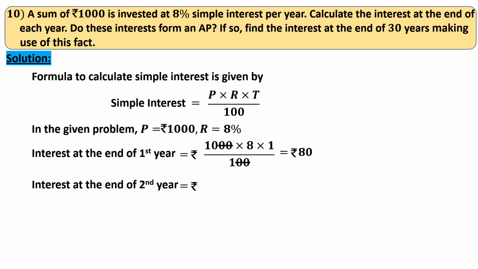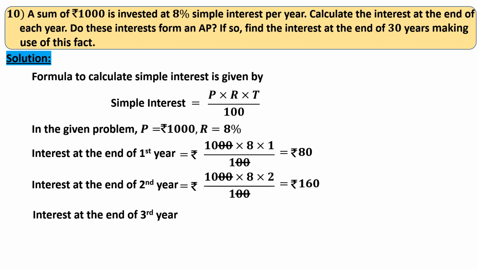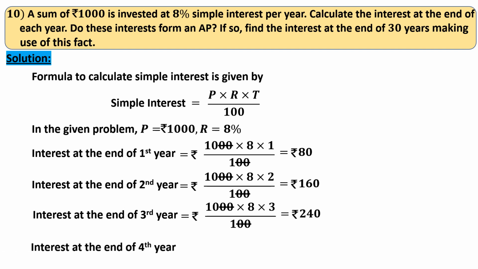Interest at the end of the second year, rupees 1000 into 8 into 2 divided by 100. Again, two zeros get cancelled, rupees 160. Interest at the end of the third year, 1000 into 8 into 3 over 100. This is equal to rupees 240.